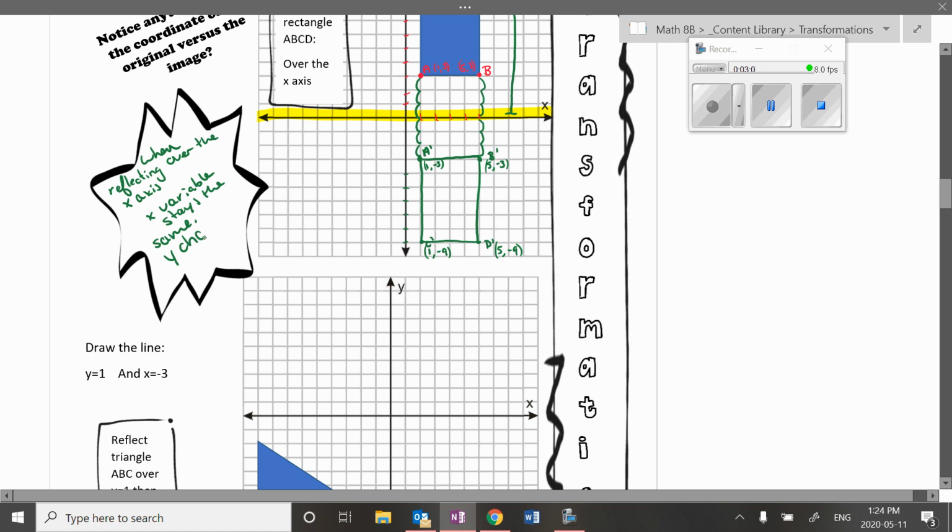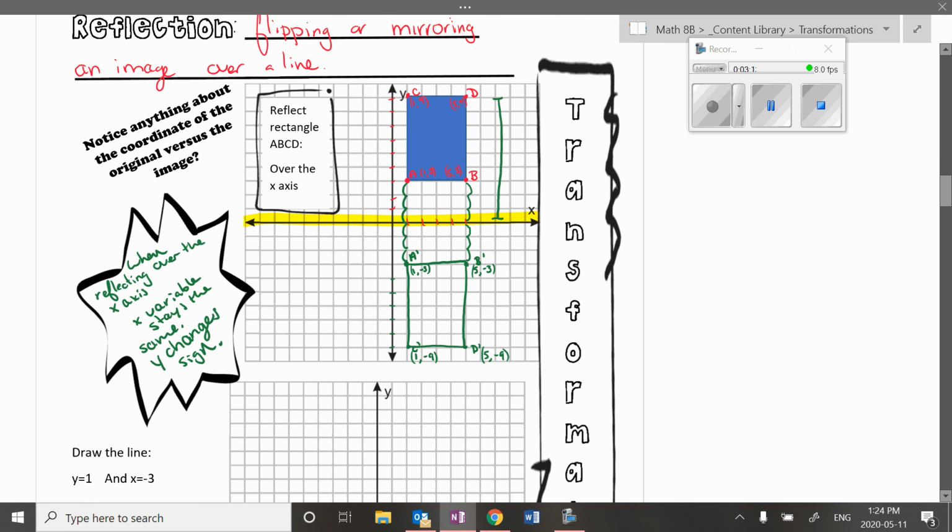Y changes sign. And so that's a nice pattern we notice. That only applies to our x-axis, though, when we do it this way.